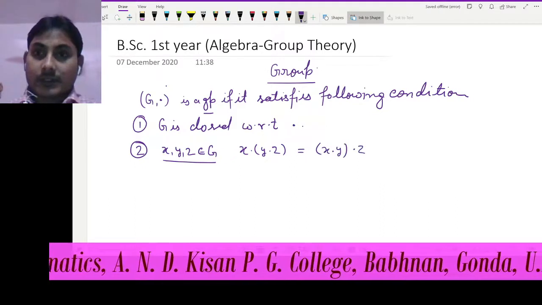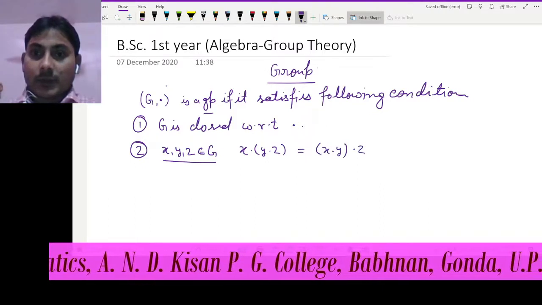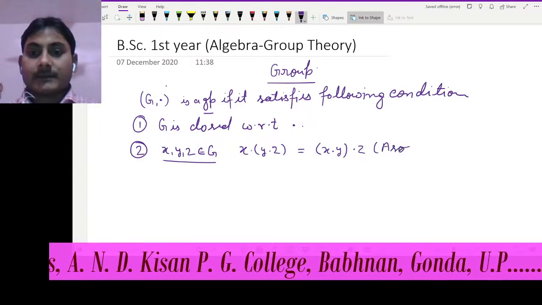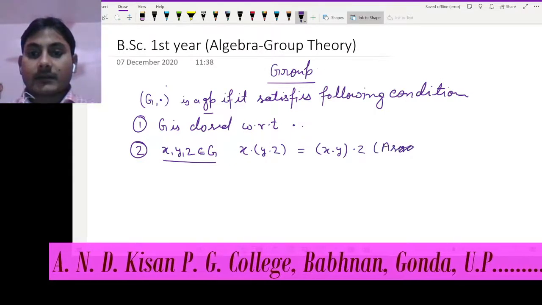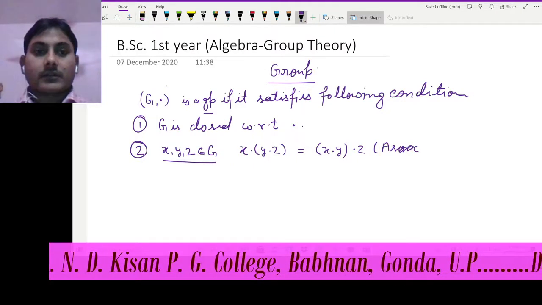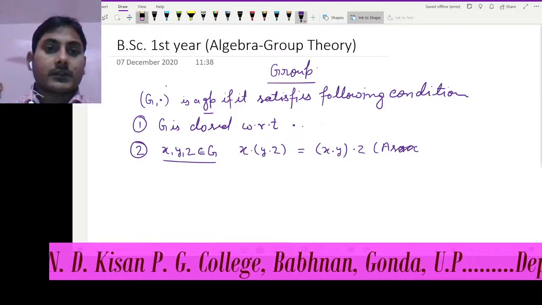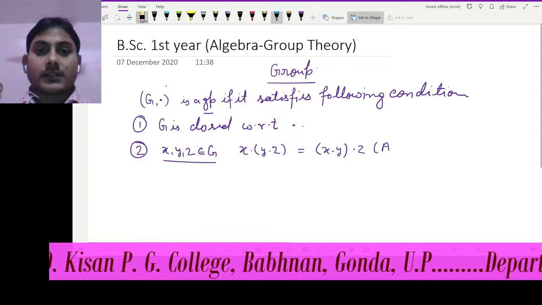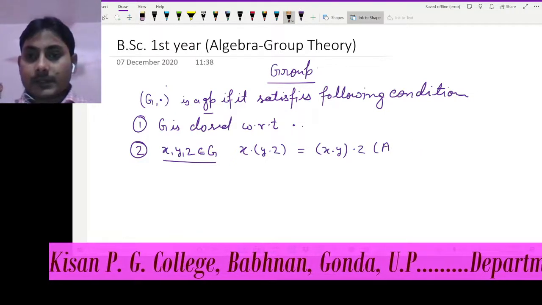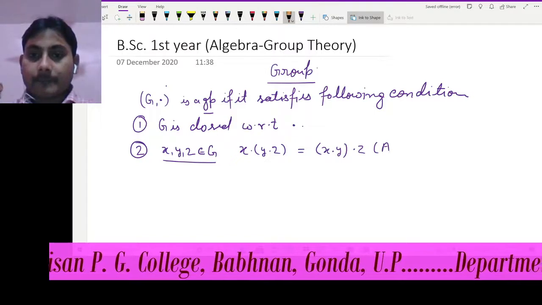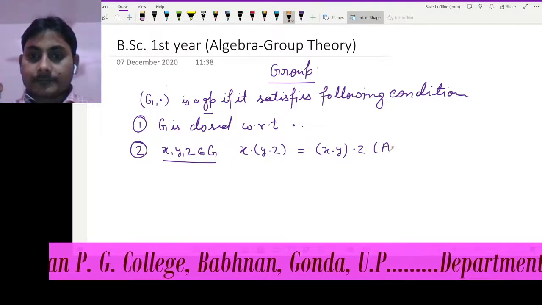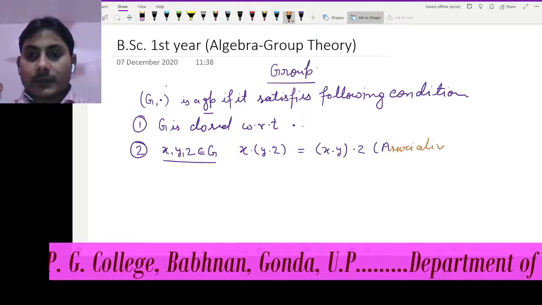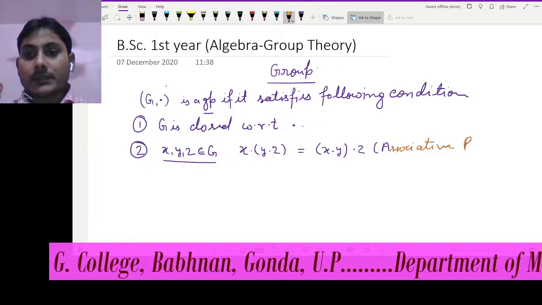This particular property is known as the associative property.